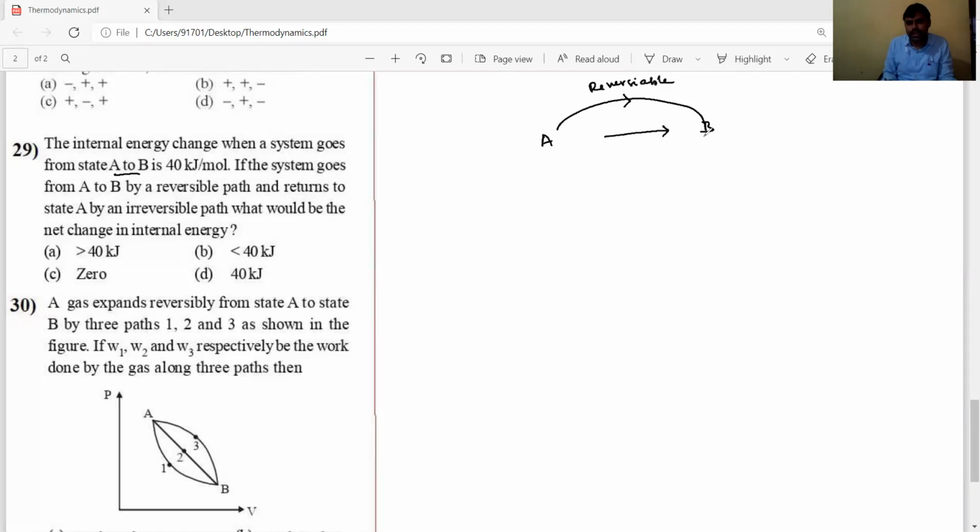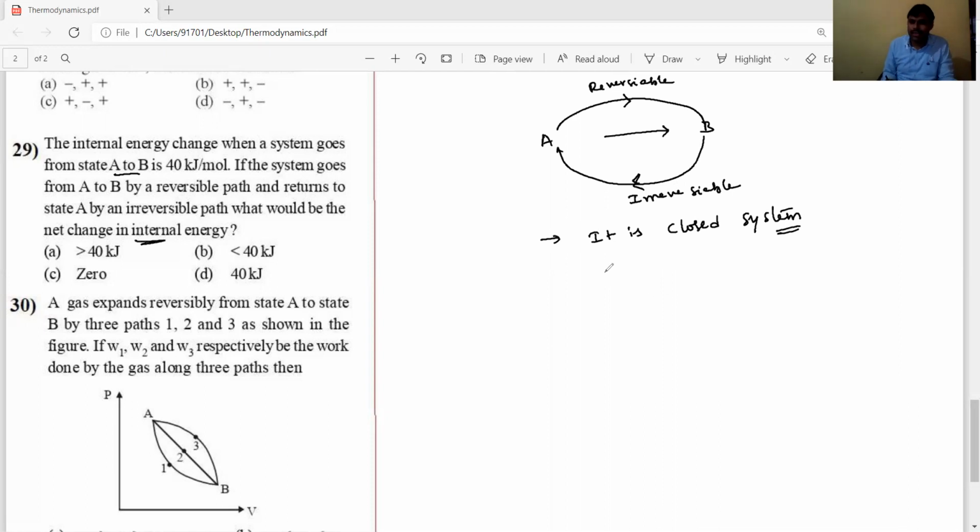In a reversible process, again B is converted into A in an irreversible process. It is a closed system. So in this closed system, what is the net change in the internal energy?